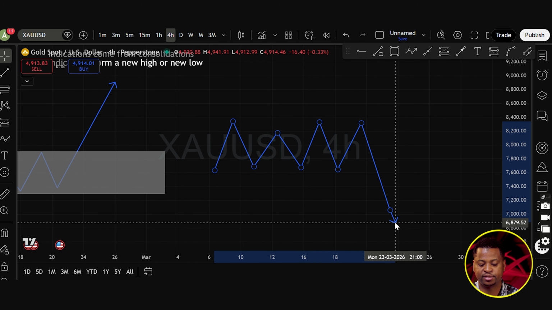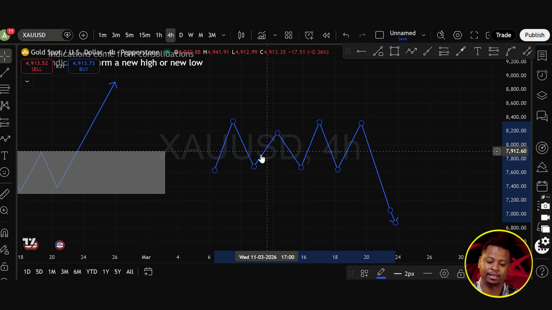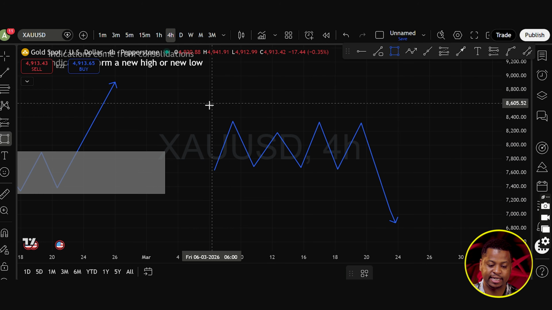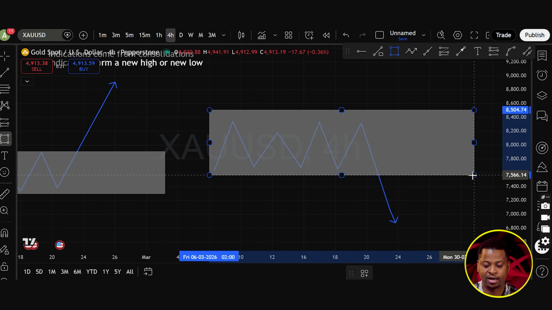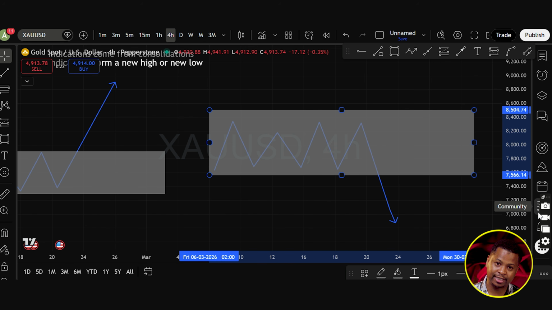Once it forms a new low, what does it tell us? The market is telling us that right now we are about to go into a downtrend. It's indicating a downtrend. It is that simple, guys. So what are we anticipating? We're anticipating a correction, and then we get into a continuation.